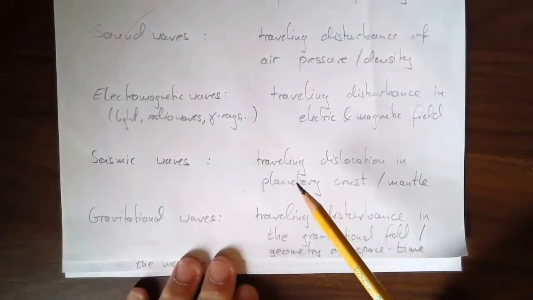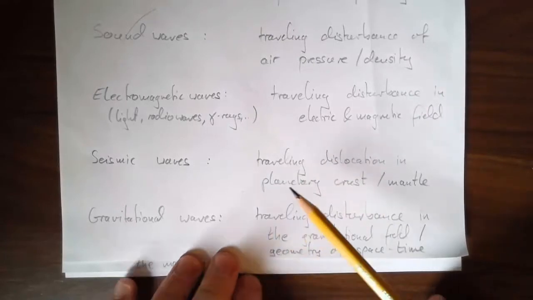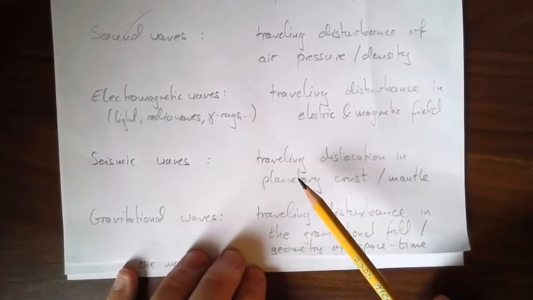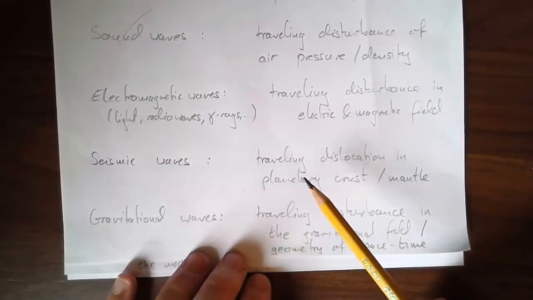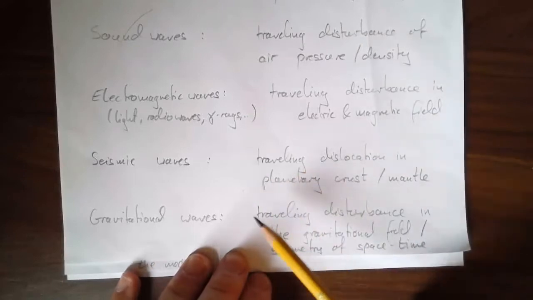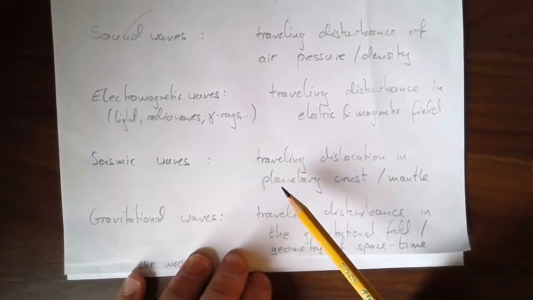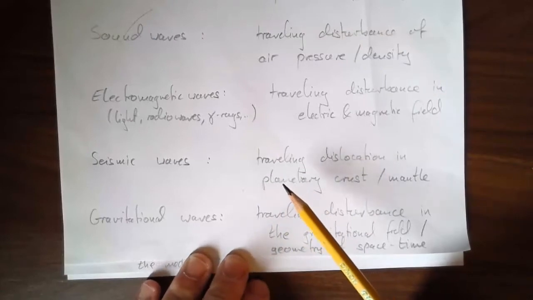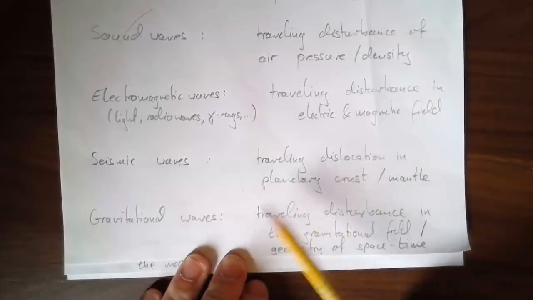It's not like a piece of ground moves from one part of the Earth to another. Yes, there might be permanent changes, but no piece of rock is moving from the epicenter of the earthquake to where you are 300 miles away. But what is moving is this brief pattern of displacement.